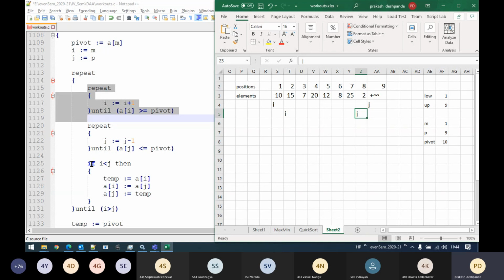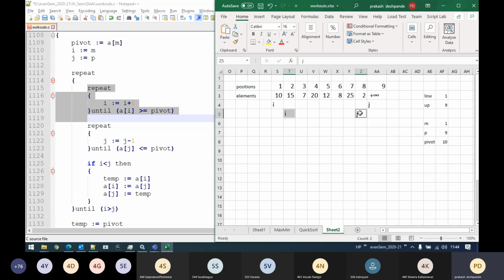Now it looks into if I is less than J. Is I less than J true here? What is the value of I? 2, not 15. Again, you are making the same mistakes.